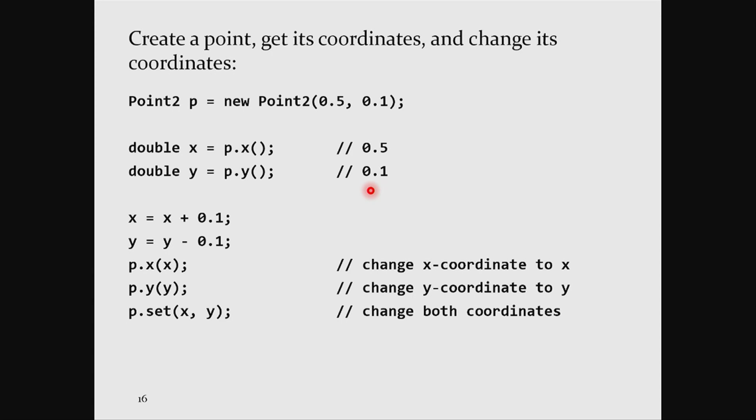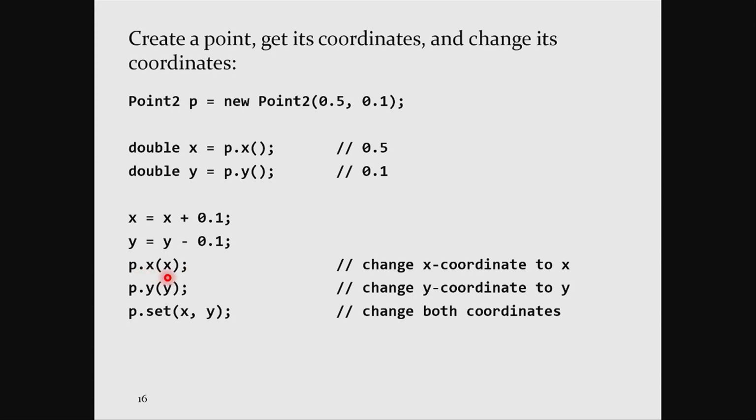Now that I've got x and y, I can go ahead and change them if I like. I can add 0.1 to x, and subtract 0.1 from y. Then I can tell p to change its coordinates to x and y. So p.x(x), or any other double value, will change the coordinates to the specified value.